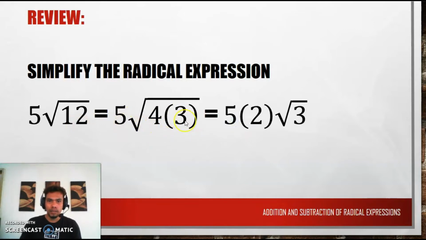Then we have 5, and the square root of 4 will give you 2. So we have 5 times 2 square root of 3. 5 times 2 will give you 10 square root of 3. So 10 square root of 3 is now the simplified form of 5 square root of 12. Are we good?